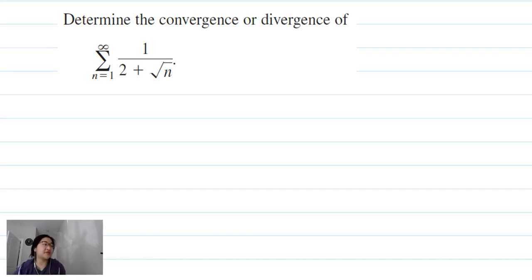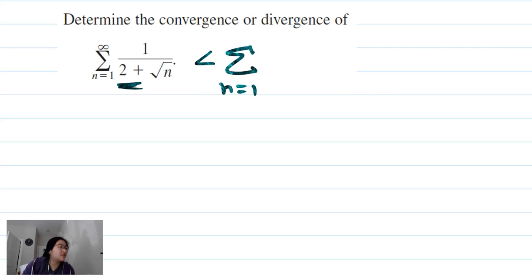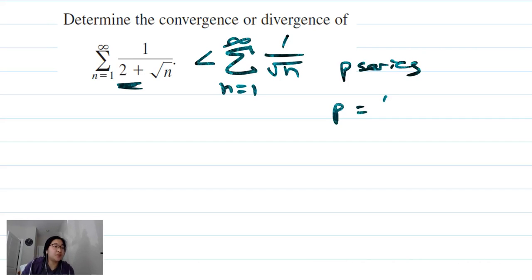What about the convergence or divergence of this series? Well, we got this 2 plus happening again, so we know that this is strictly less than the sum from n is 1 to infinity of 1 over root n. And this 1 over root n is a p series, where p is 1/2.